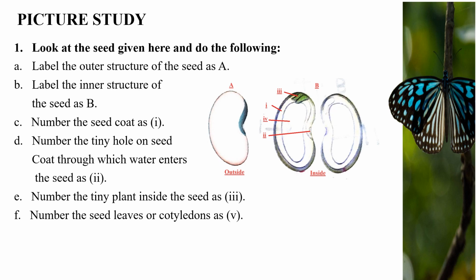E. Number the tiny plant inside the seed as 3. Last, number the seed leaves or cotyledons as 5. All the things are mentioned in the image.